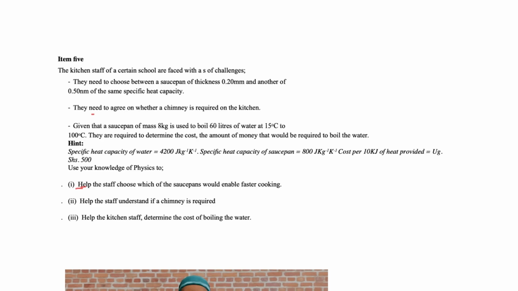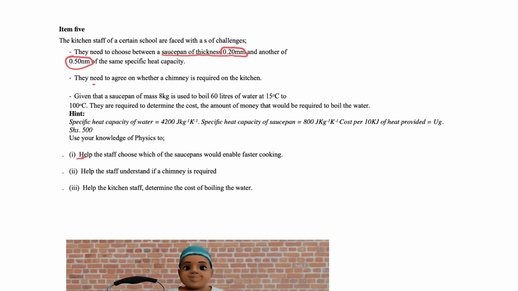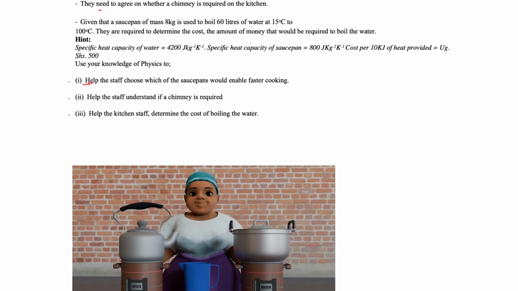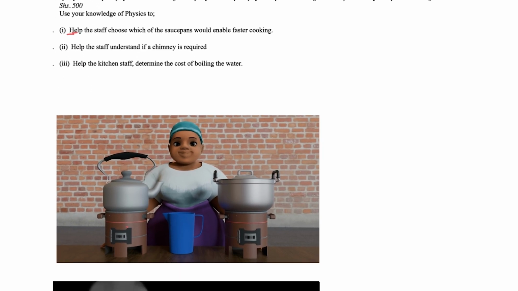We have been given a saucepan of thickness 0.2 millimeters and another saucepan of 0.5 millimeters in thickness. Now let us look at Madame Mary as she tries to prepare tea at home.